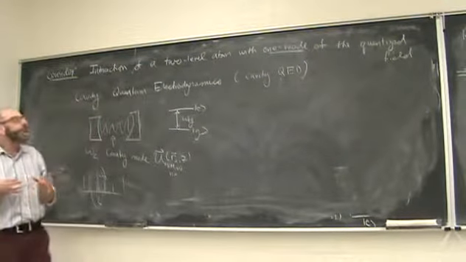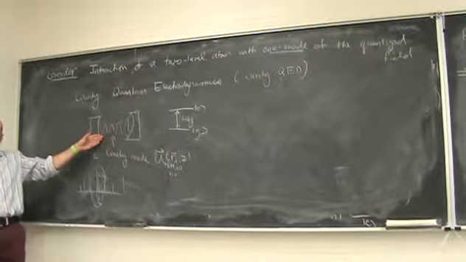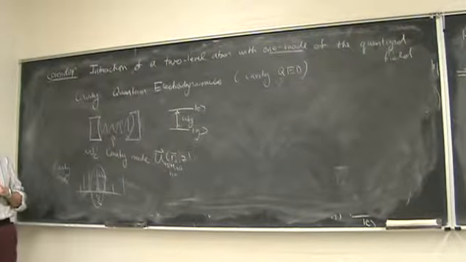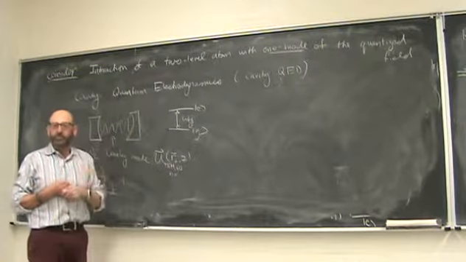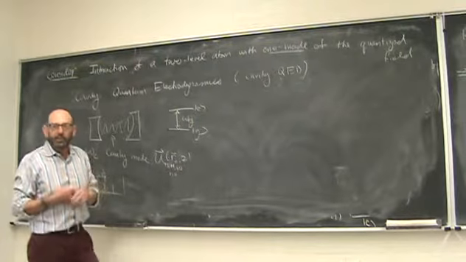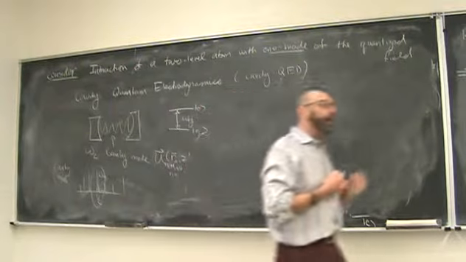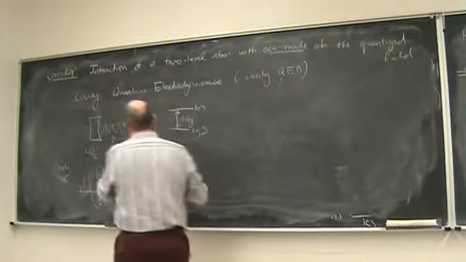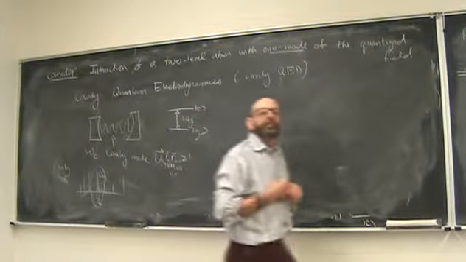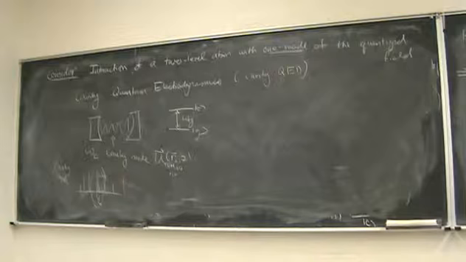Okay? Now this doesn't have to be a laser cavity. It could also be a microwave cavity, where the difference between levels is a microwave frequency. For example, well, I'll come back to that in a moment. Let me just lay out the problem for a moment.